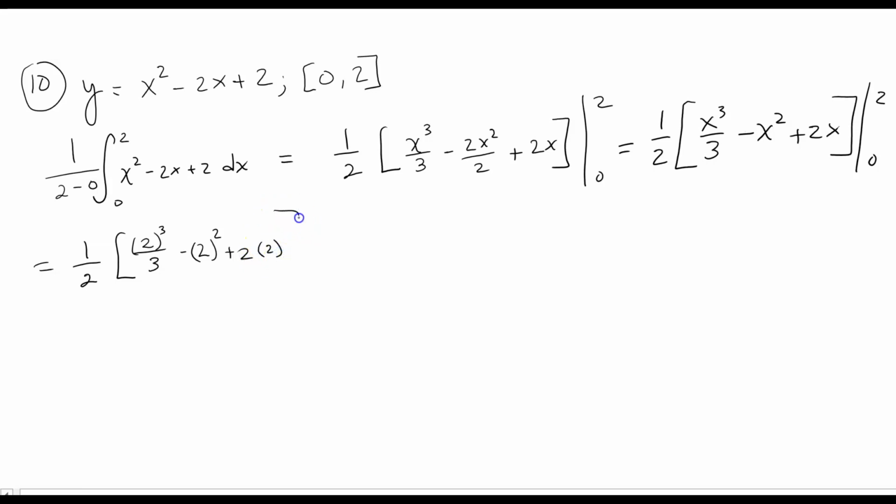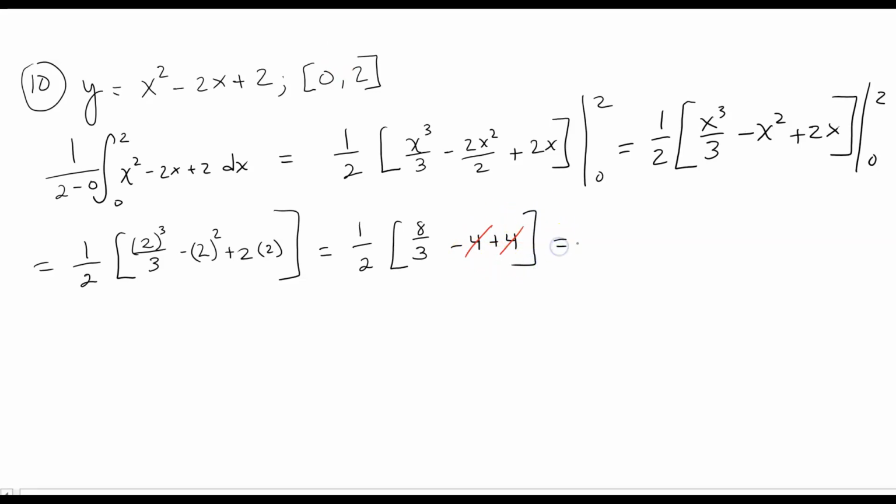So we should see there that the inside ends up being a -4 and 4. This is 1/2 of 8 over 3 minus 4 plus 4. Again, that's what I was getting at. They cancel.